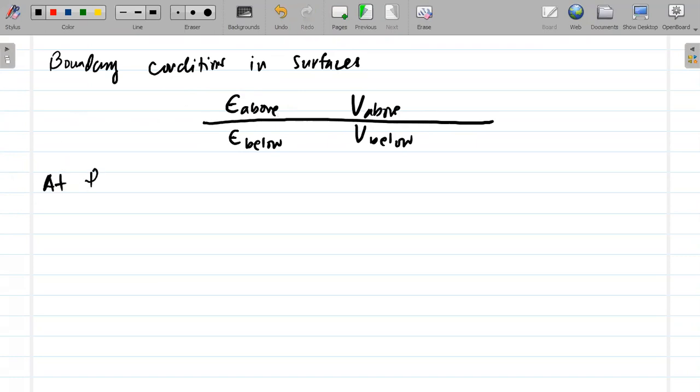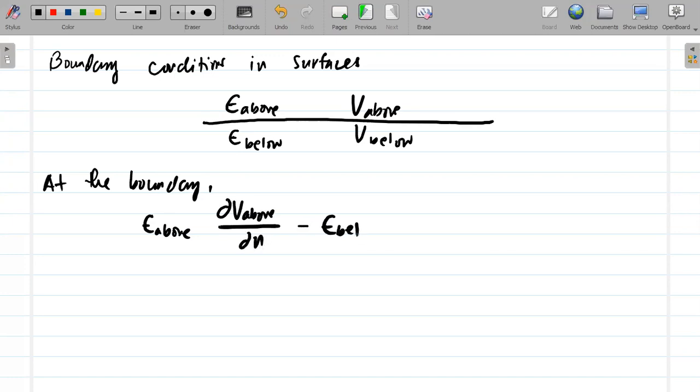So, at the boundary, meron tayong first condition: epsilon above, partial V above, partial N, minus epsilon below, partial V below, partial N, evaluated at the surface.